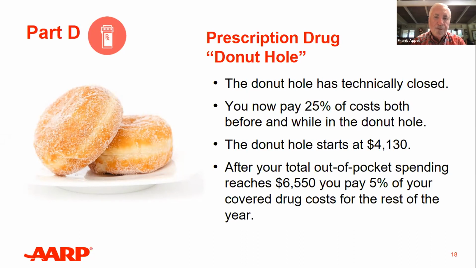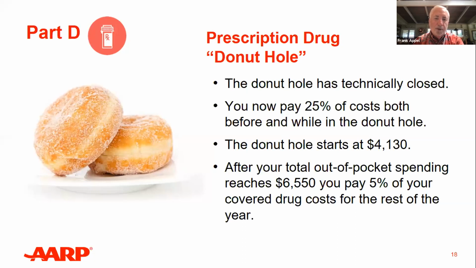Right now, both before and after you're in, quote, the donut hole, you pay about 25% of the cost of your prescription drugs through your copays and coinsurance. The donut hole starts when you and your drug plan have spent $4,130. But again, that's really not a relevant number now.